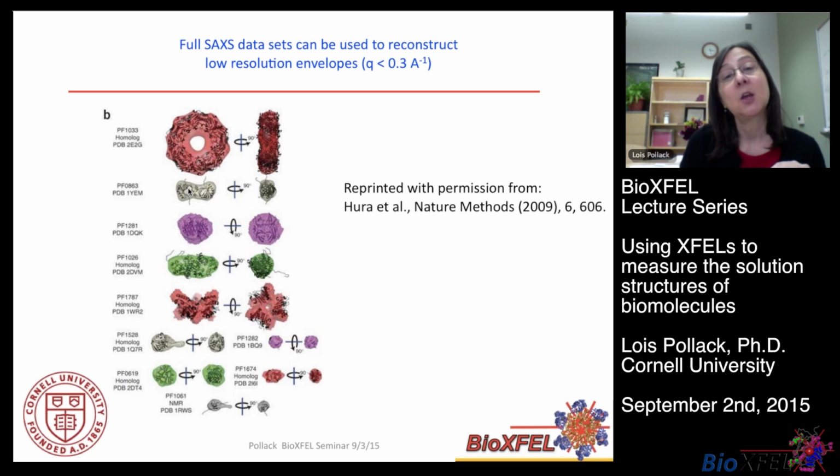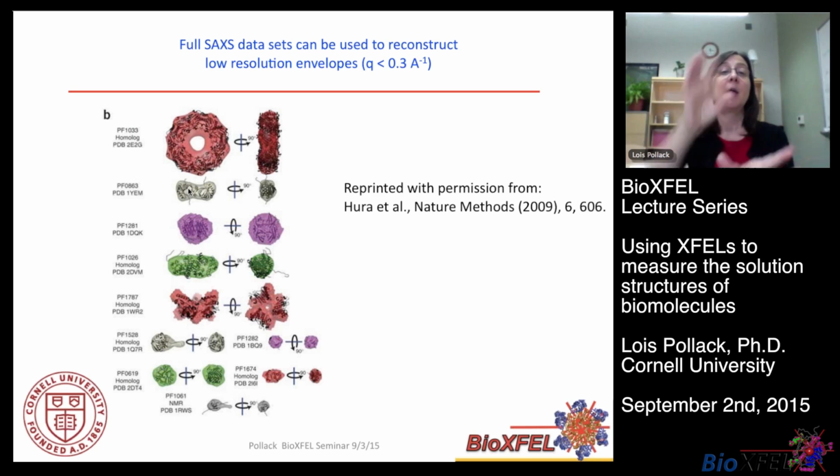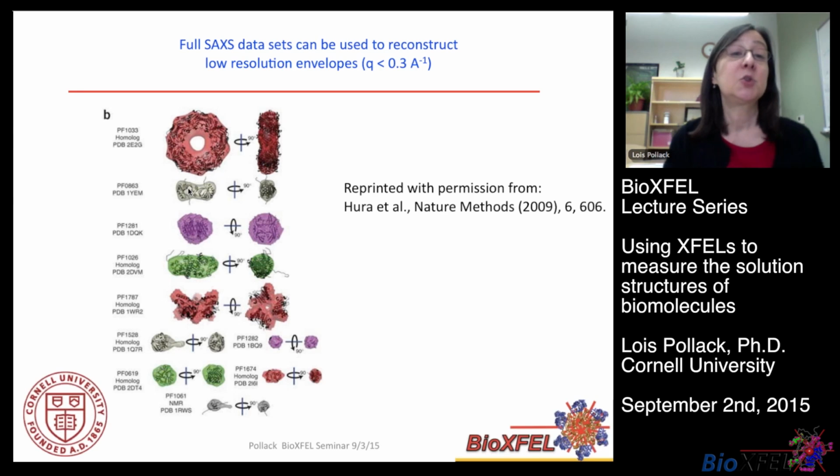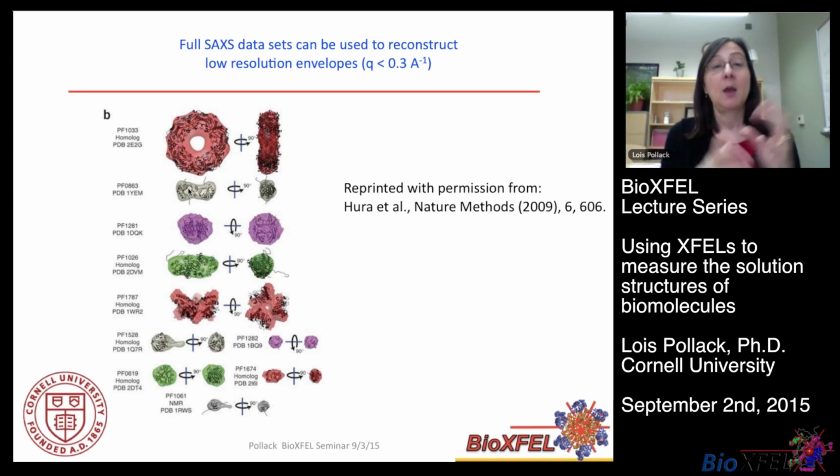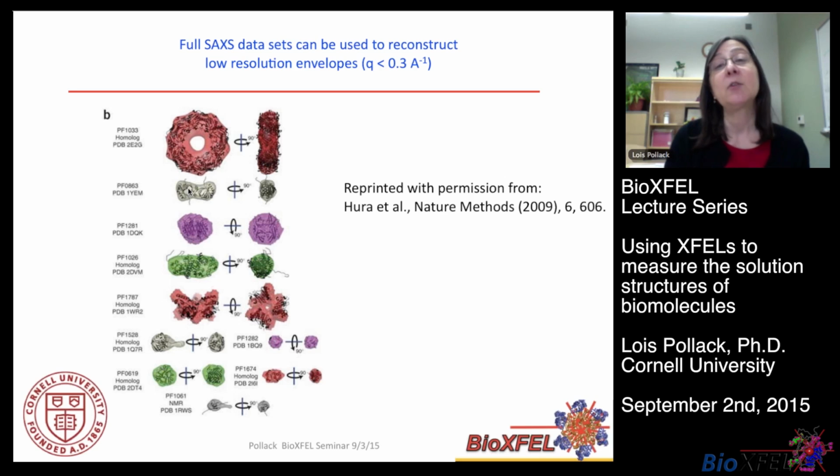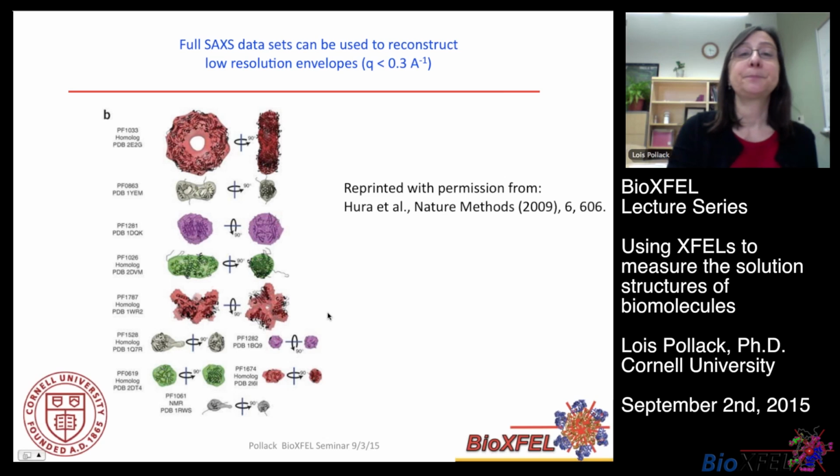So from SAXS, you can see the different shapes of these molecules, but again, you're looking at the envelopes here, the low-resolution structures, not the high-resolution PDB files that have been docked into them. But you can see that there's quite a bit of useful information that comes out of these curves, even scattering to a relatively low Q, which is 0.3 inverse angstroms. You can definitely tell that these proteins have different structures. Some have holes in the middle, so there's a lot to be learned.